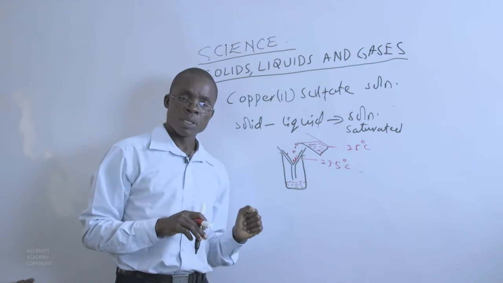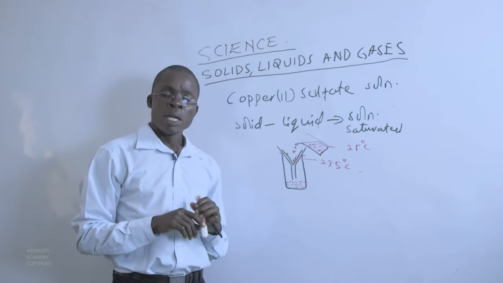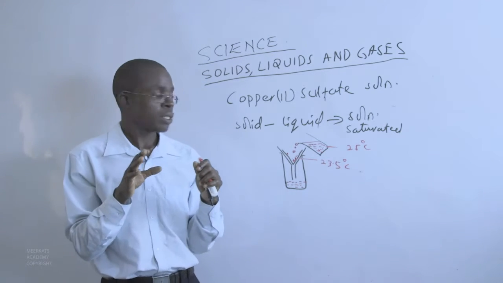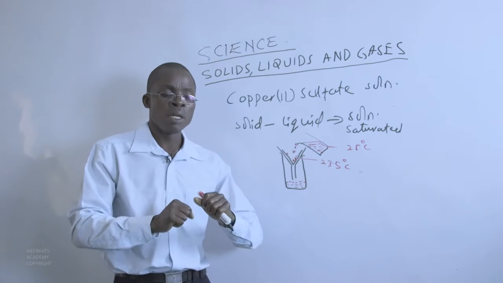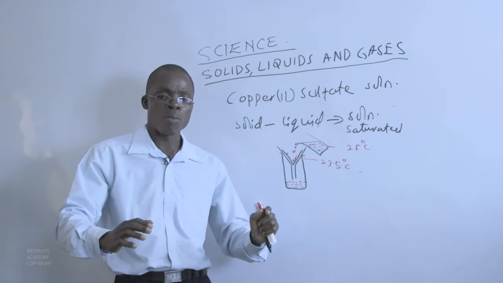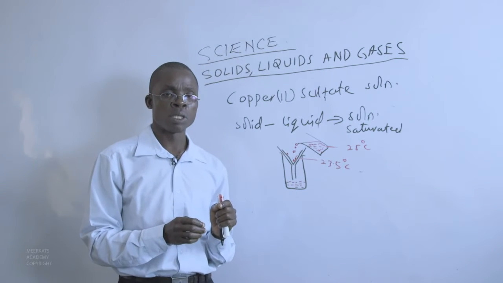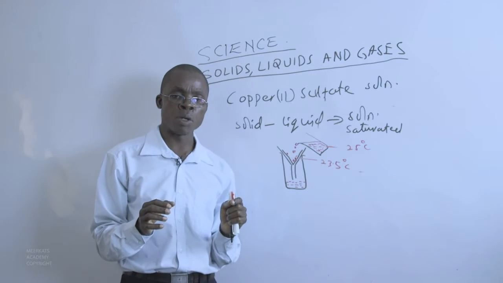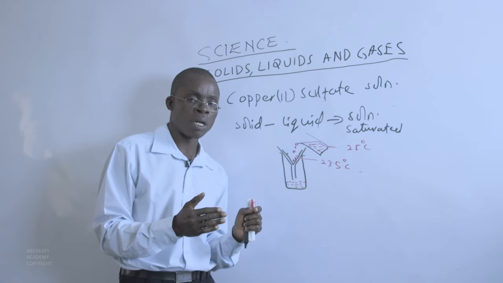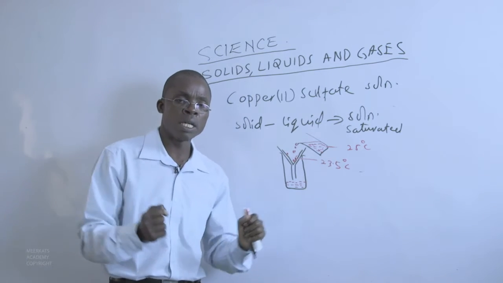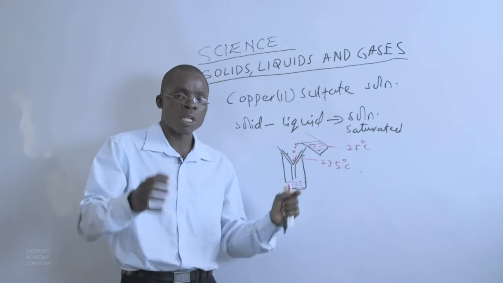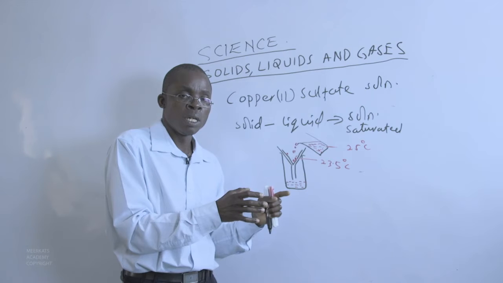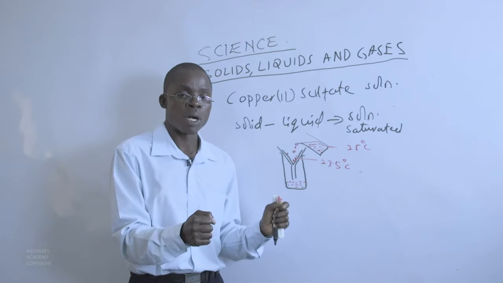When this happens, the particles that had easily been accommodated between the liquid particles are now forced, because the liquid particles now come together. The energy they had previously, moving around so that they can accommodate the solute, is no longer there. So they come back.